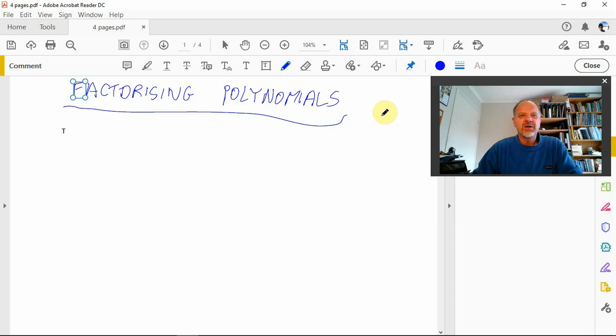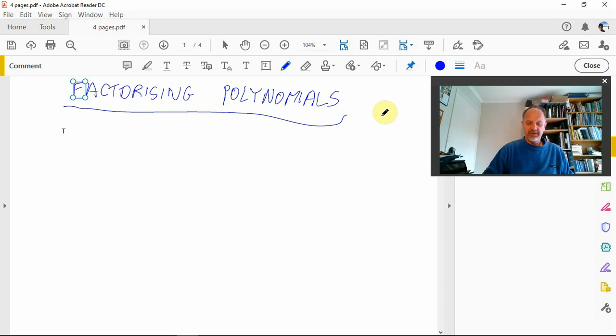But there's a bit of trial and error, and the long division and the synthetic division, they take a bit of time. So it'd be good if we had a pattern that existed that we could use to help us to shortcut a bit of time. Because maths is about patterns, and so if we can find a pattern which shortens the amount of work for us to do, then that's great.